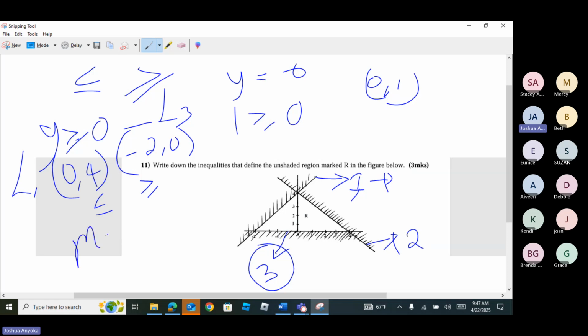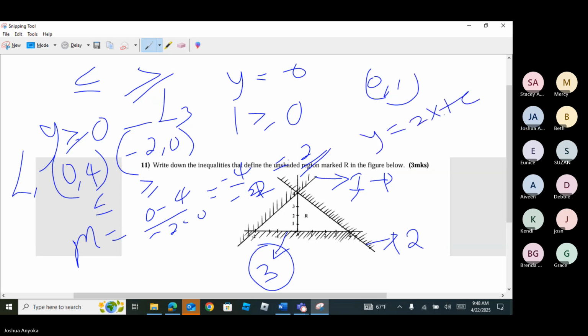Gradient m is equals to change in y over change in x, 0 minus 4 over negative 2 minus 0. So negative 4 over negative 2, the gradient is 2. Y is equals to 2x plus c. Where is the line cutting the y-axis? At 4. Y is equals to 2x plus 4.